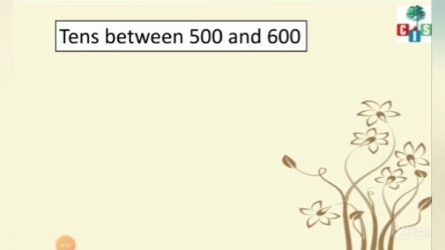Look at the slide. Tens between 500 and 600. So let's start. The first number will be 500. If you look at the place value of tens, it's in red color. I have shown you here. After 500, 510.